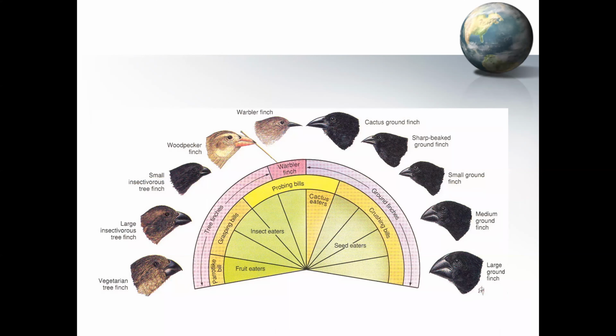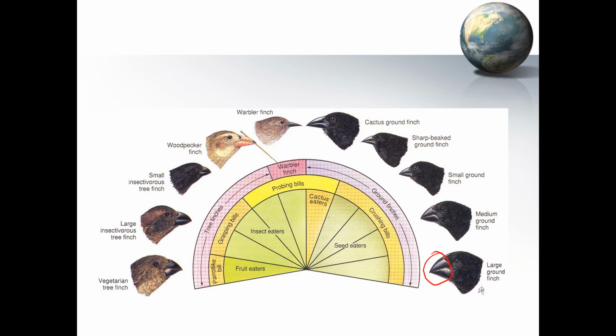And this finch made it over to the islands. Once it was on these islands, it evolved. It adapted to its environment. So now there's all different kinds of finches on the Galapagos Islands. And what's mainly different between these birds is their beak.